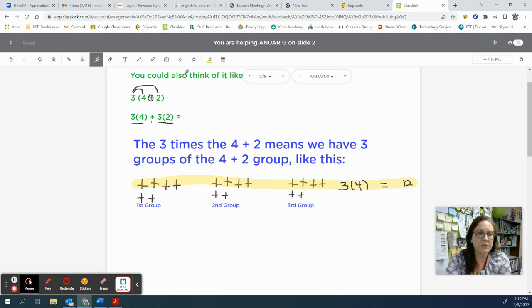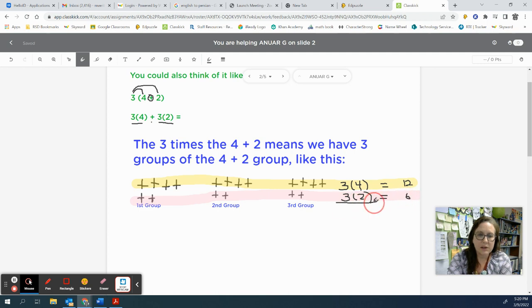And we've got 3 groups of 2, and that equals 6 more.